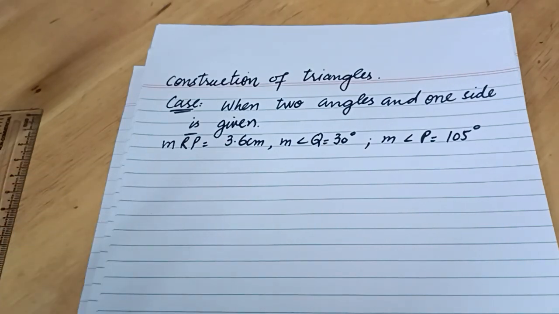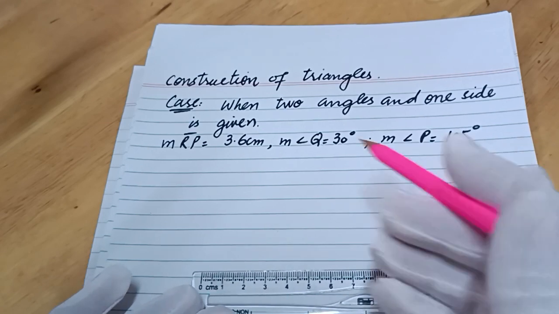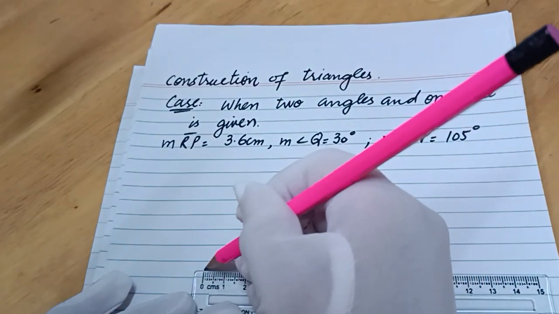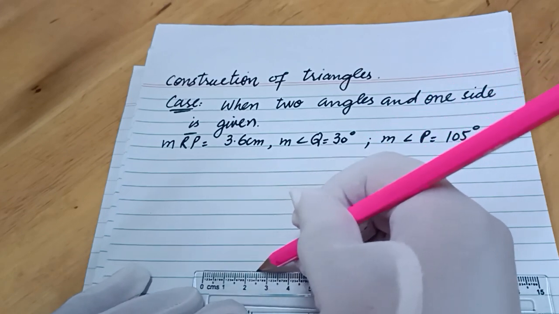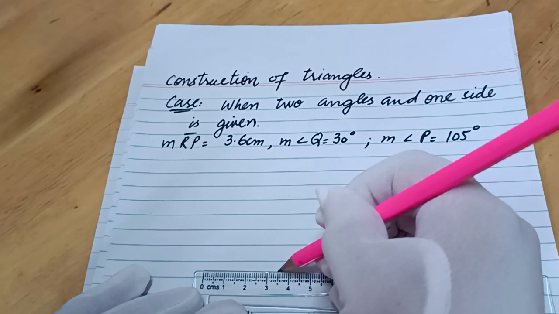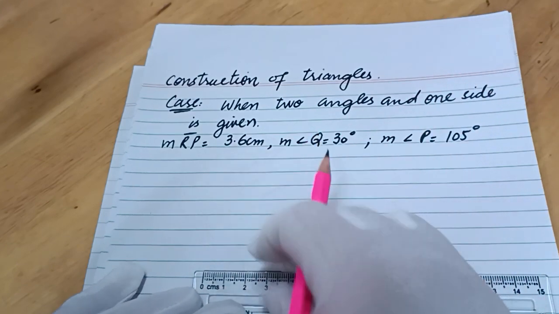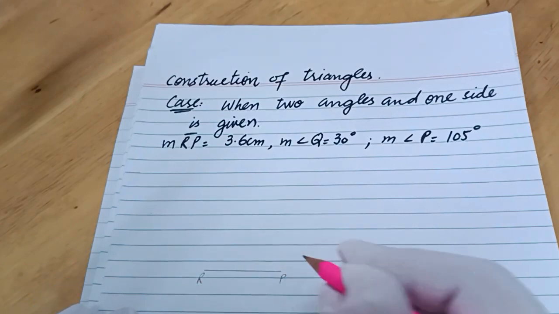Okay, so first of all we will draw the side RP as 3.6 centimeter. I will draw at a good distance from the top so that our triangle can be completed easily. On the 0 point, put your pencil tip and then continue till 3 and then 3.5, and this next one small line 3.6. This is your R and P.